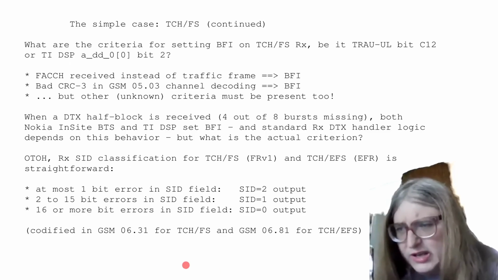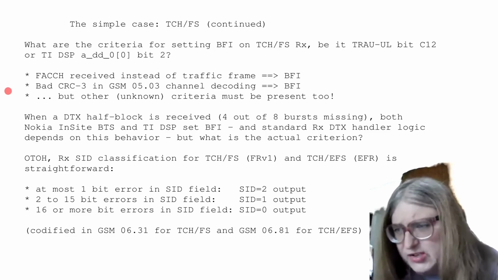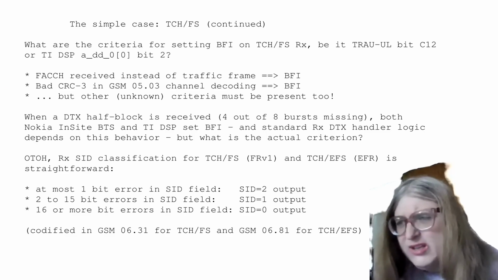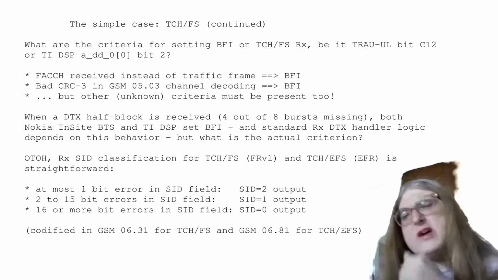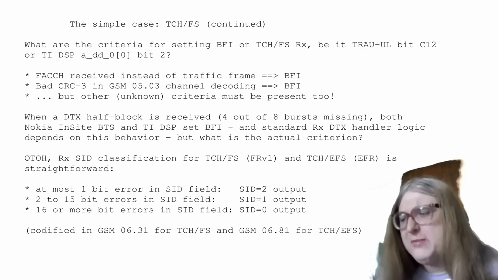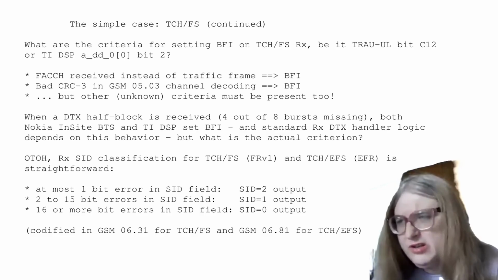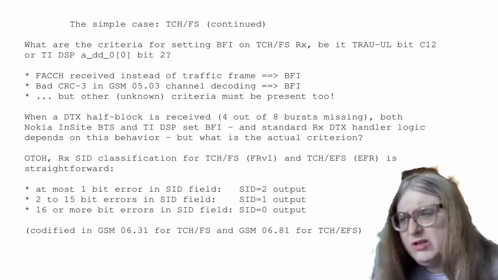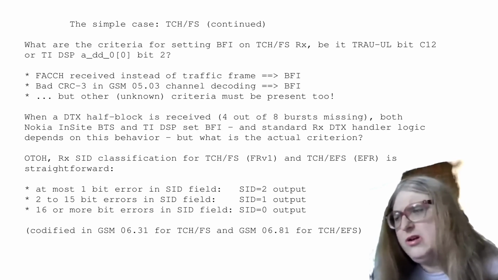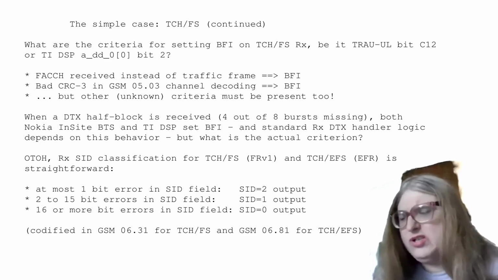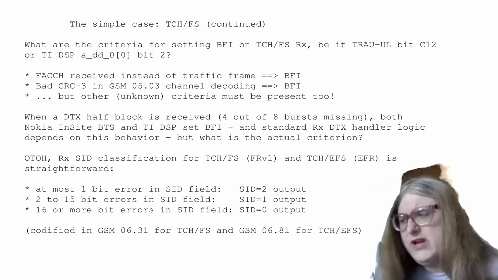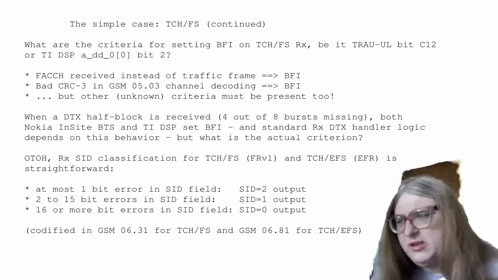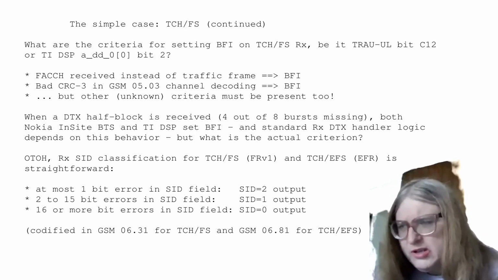So here, let me elaborate a little bit. When we have this BFI flag, the BFI flag is defined in the abstract sense in 06.31 for full rate, and 06.81 defines the BFI for enhanced full rate. Same conceptual definition.